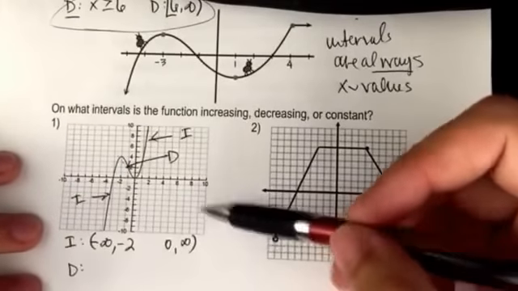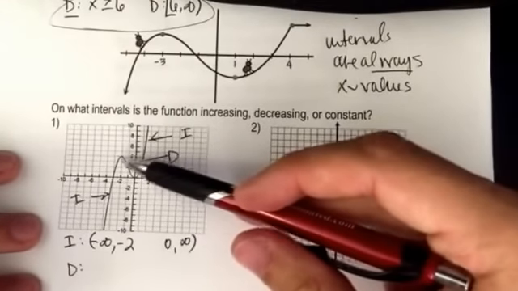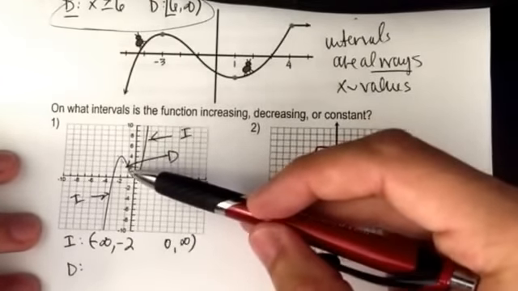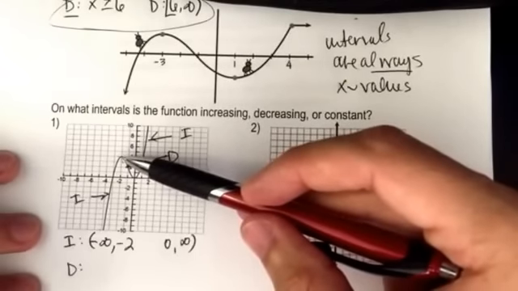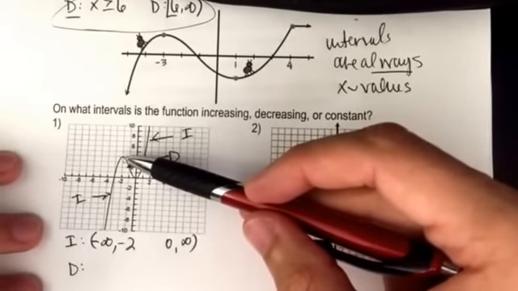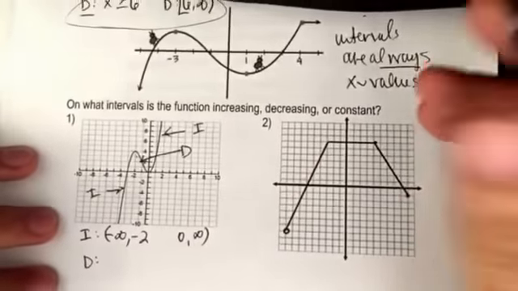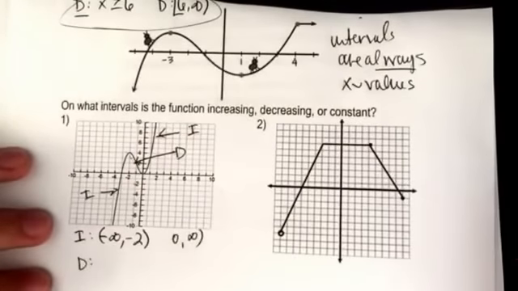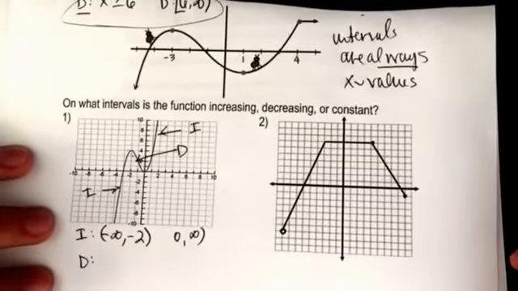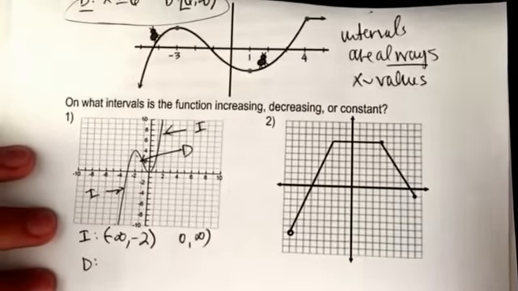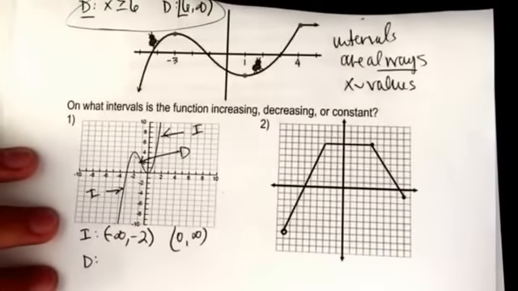Now, grouping symbols. The point where you stop increasing and start decreasing is called an inflection point. It's an instantaneous change, meaning that that point at negative 2 is not increasing and it's not decreasing. So that's why we're going to use open parentheses.